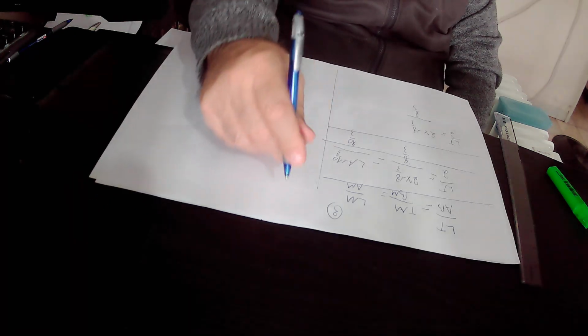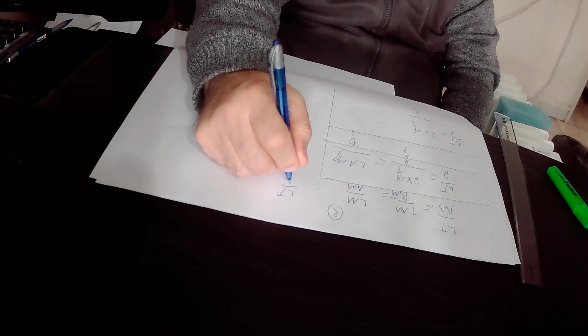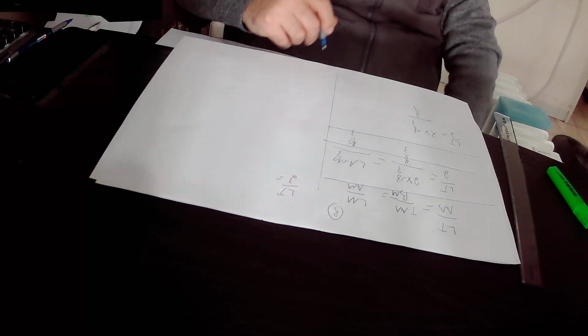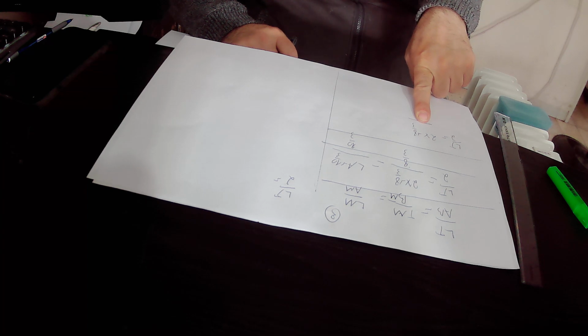So LT over 2, according to the first equation, equals 2x plus 8 over 3.